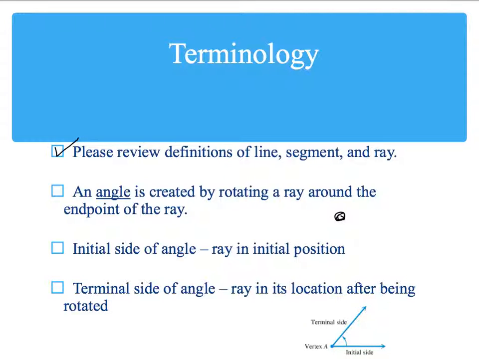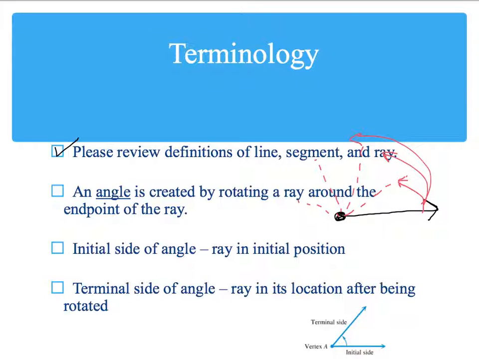So if this is an endpoint of a ray, and there's my ray, the way I create an angle is by rotating that ray around. So you can sort of envision that ray moving around. The initial side of the angle is the ray in the initial position.